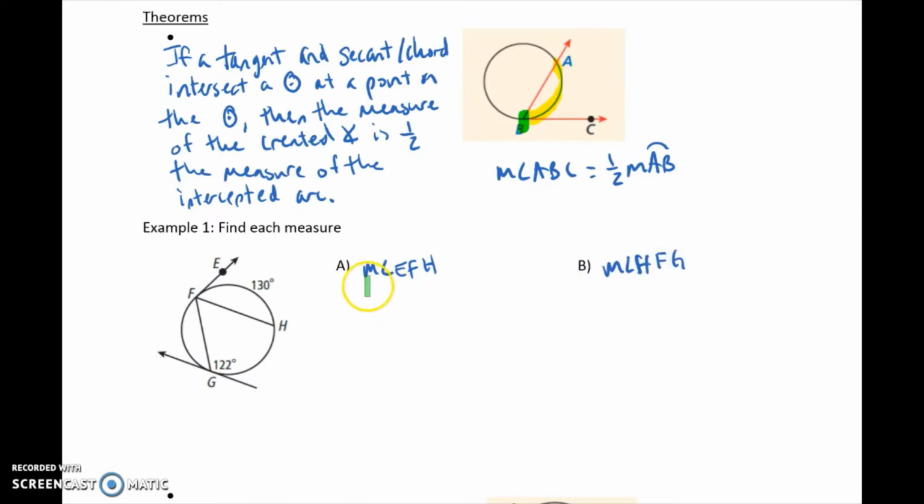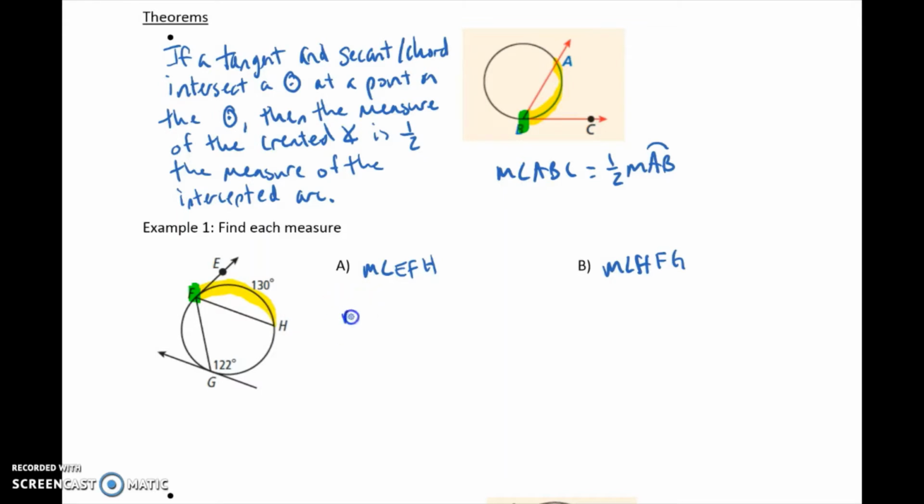Okay, so let's start by looking for the measure of angle EFH. Just like before, look at where the vertex is, and F is on the circumference of the circle, which means that angle should be 1/2 of whatever its intercepted arc is. So if we follow the vertex out to E and out to H, you should see that the intercepted arc is this 130 degrees.